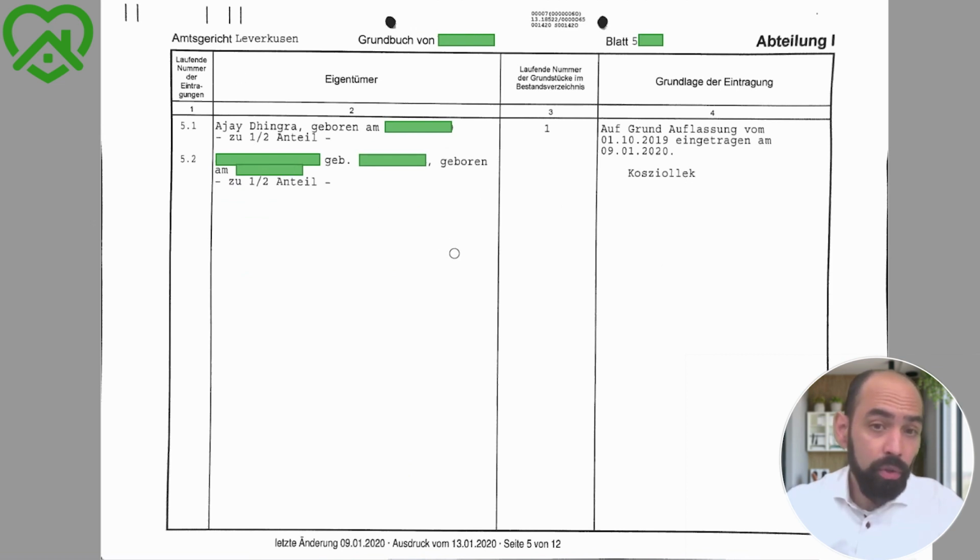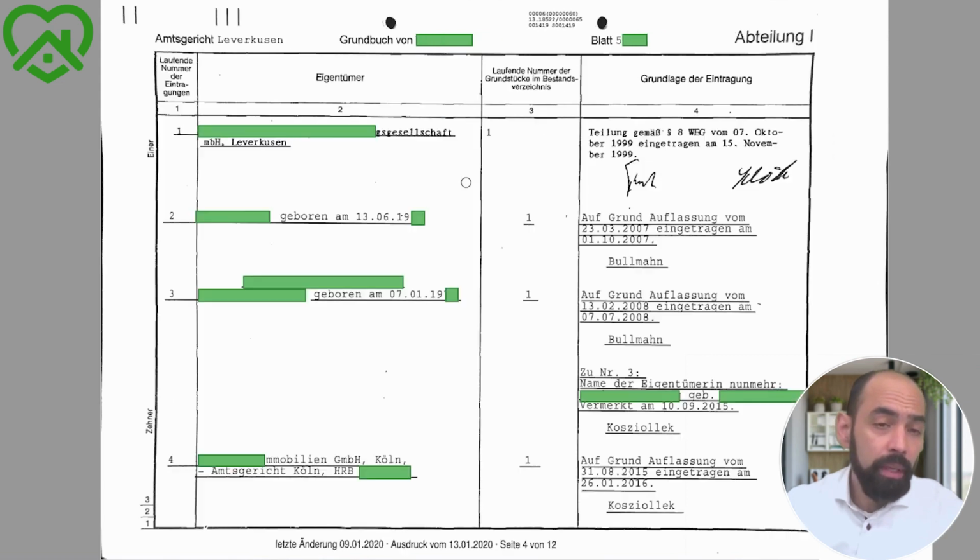I'm the current owner of the property along with my wife, but we had 4 predecessors in this apartment, right? So 4 corporations, people, landlords were there before us. Now, you'll have the names. If it's a corporation, you'll have the name of the corporation, and here for example, this was a corporation registered in Cologne with, again, a unique identifier of that particular company.